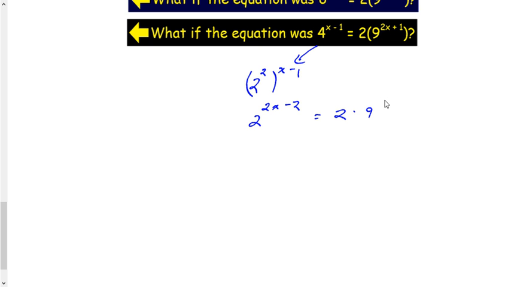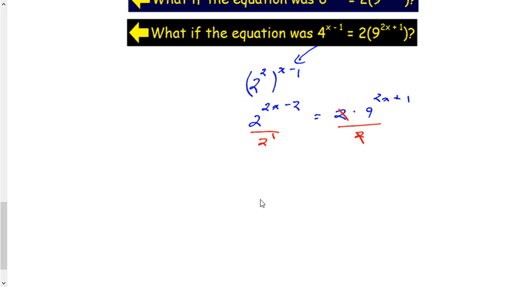divide both sides by 2 in this case because these two could be considered as powers with the same base. Here the 2's would cancel out. Here I would imagine this 2 has an exponent of 1. Dividing powers would mean I can subtract the exponents.